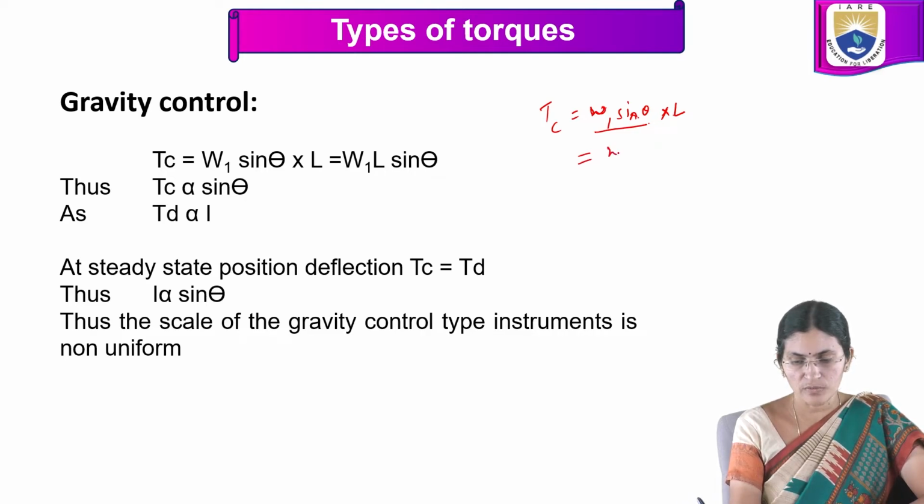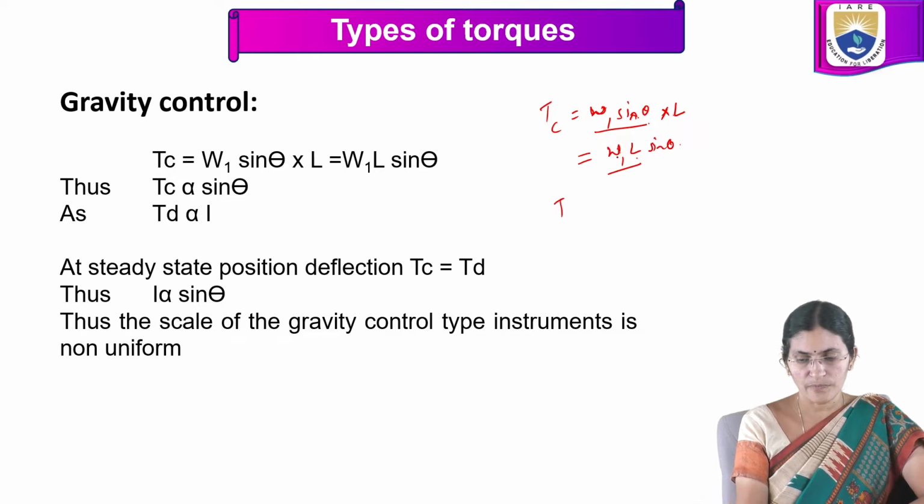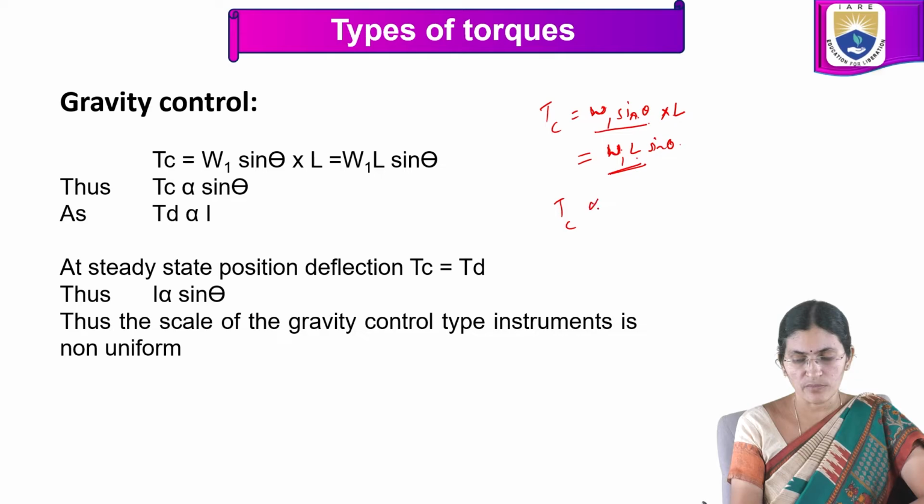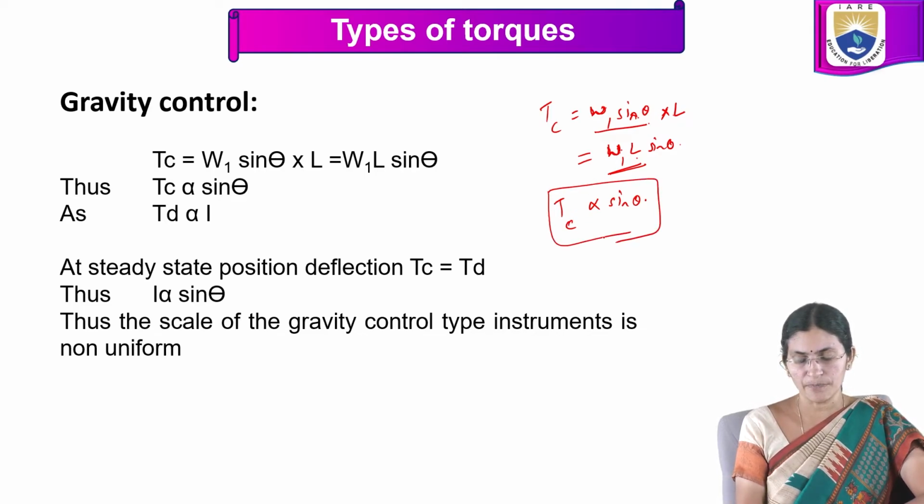So this is equal to, you can write it as W1 into sine theta. From this you can write it as, where W1 and L, this is the length and this is the weight of the control weight. So these two are constants. So WC is proportional to sine theta. So in this type of instruments where gravity control is used, we can see that controlling torque is proportional to sine theta.